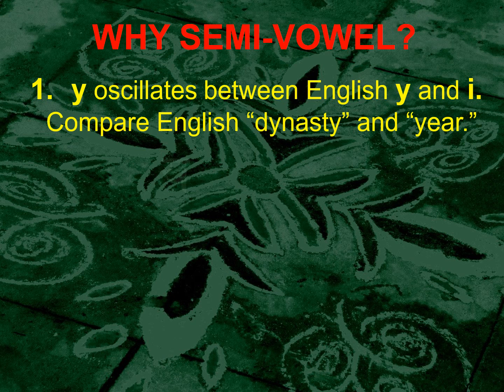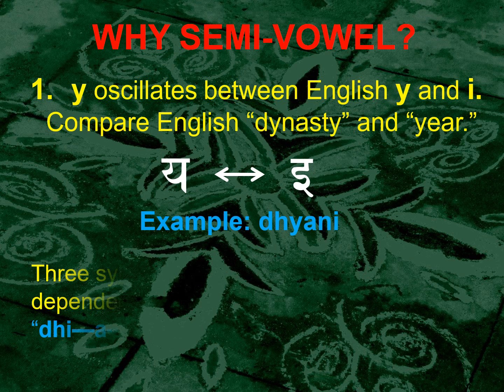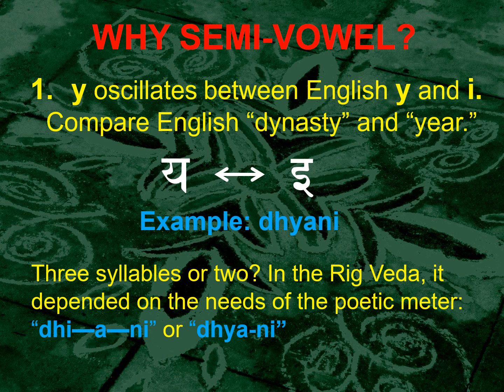Something similar happened in Sanskrit with the same letter, at least over the course of time. There has been an oscillation between ya and the vowel e. For example, look at the word dhyani, which means meditation.